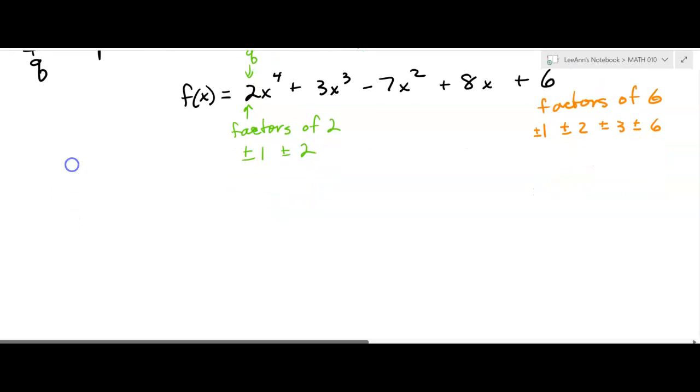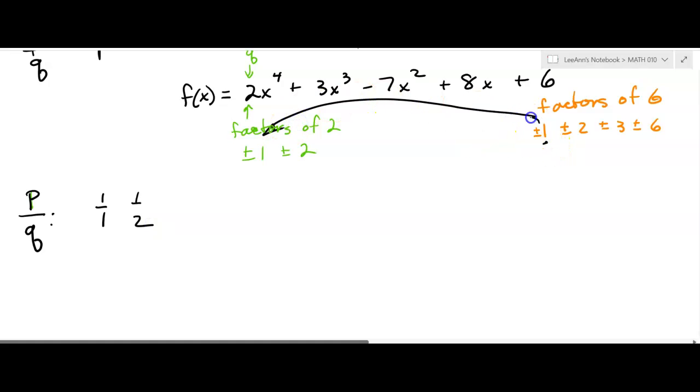Okay, so now what we're going to do is we're going to take each factor of P over each factor of Q. So I get like 1 over 1. See, that's the first one, right? And 1 over 2. So like I'm going 1 over 1 and 1 over 2.